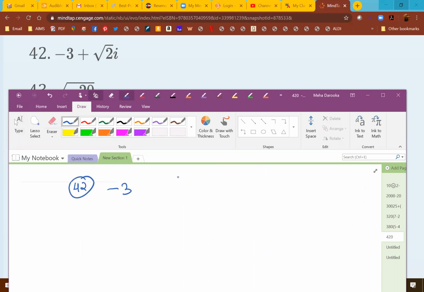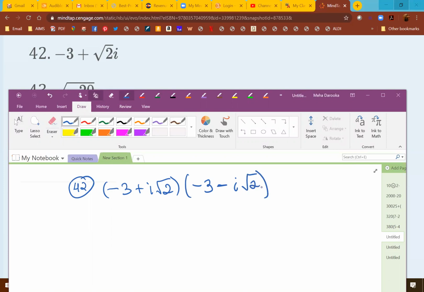So what will be the complex conjugate for this? Would it be -3 minus i root 2? Yeah, very good. So you're just changing that sign in the middle, and then they're asking us to multiply. So -3, and then this becomes minus i square root of 2.